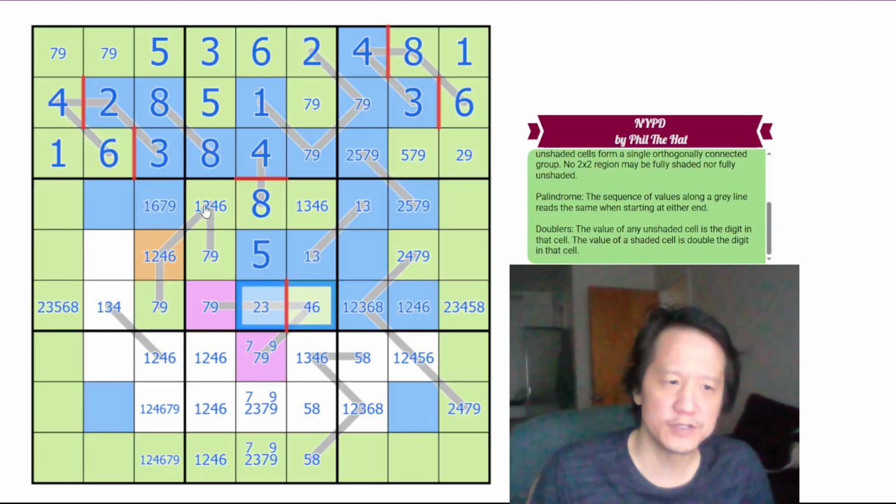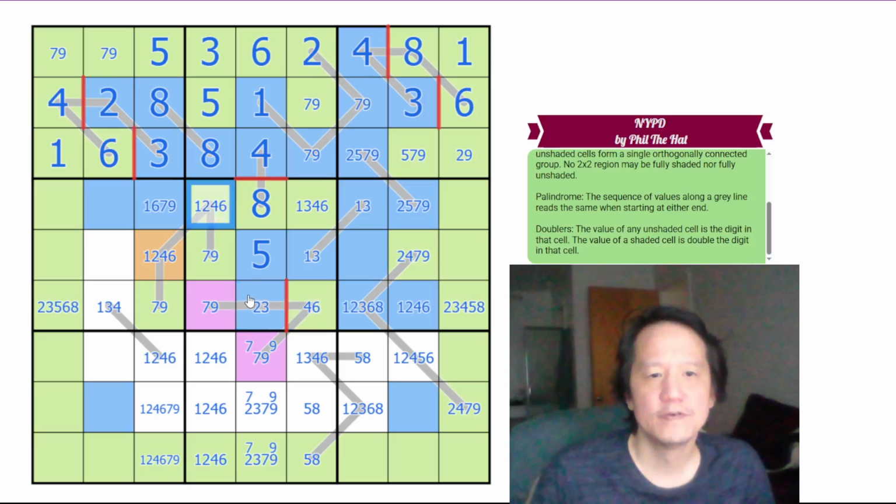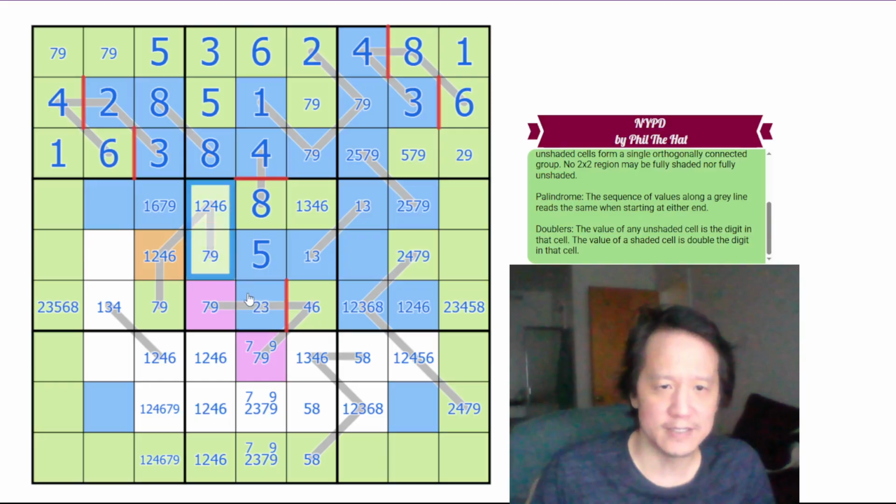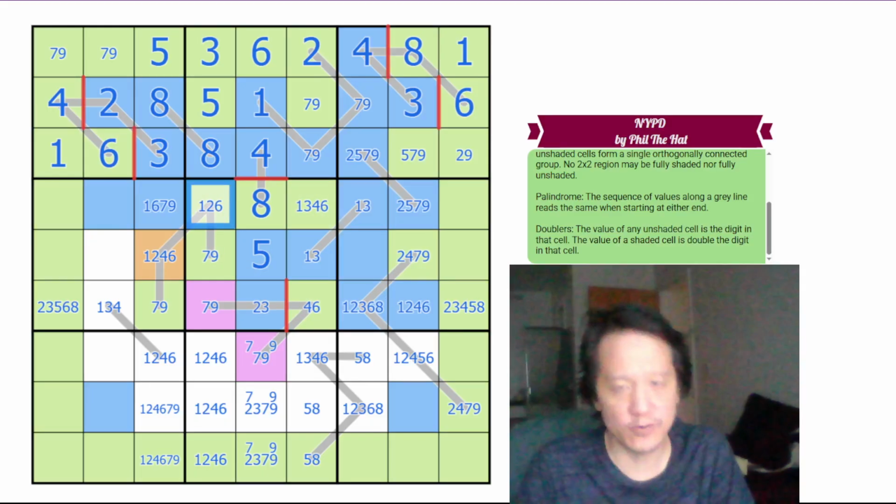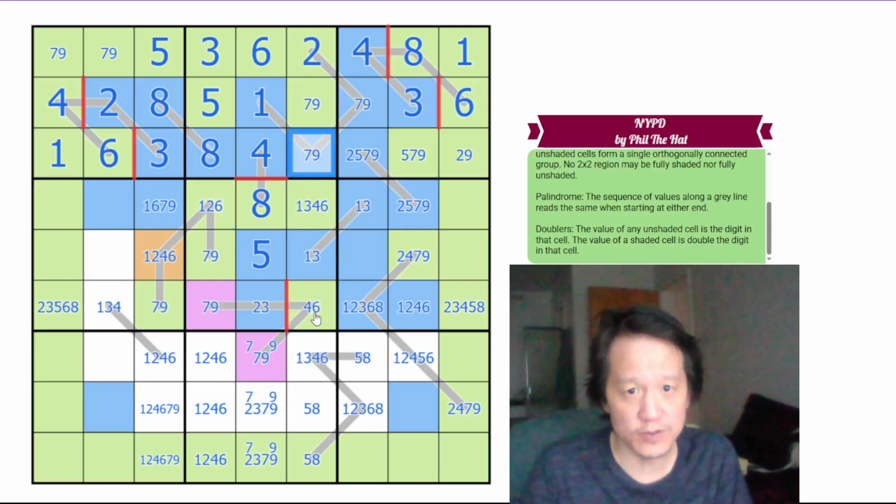Therefore, so if this is not 2, this is 2-4 here. So this would be 1 or 6. If this is not 2-4, where is the 2 going to be? It has to be here. So this can never be 4. 4 has to be one of these two, which means this can never be 4 here.